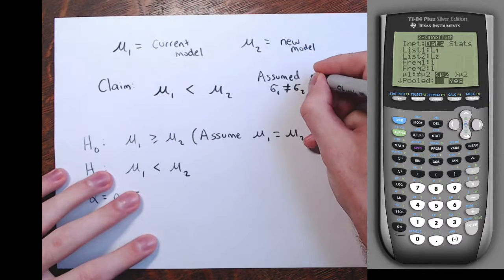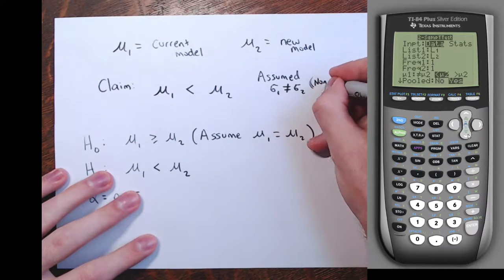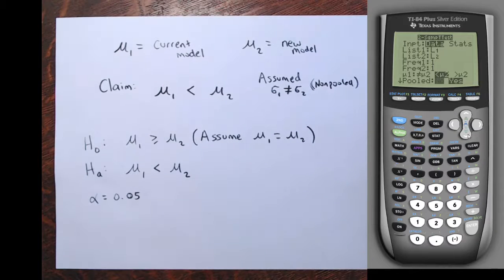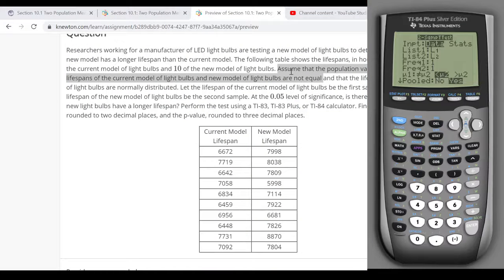So remember, this is the non-pooled scenario. That was back here in the assumption that population variances are not equal. So I make sure that's on no for pooled, and then calculate.